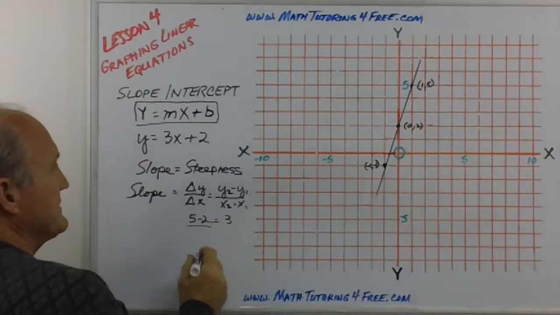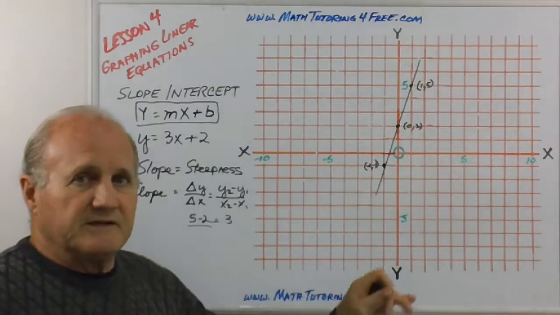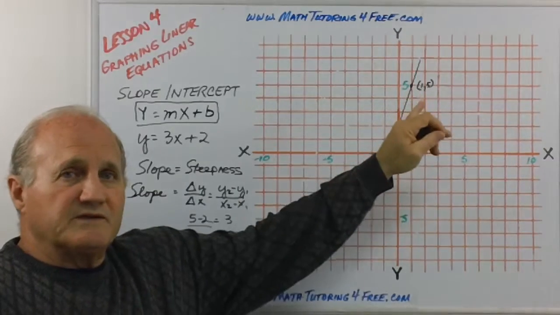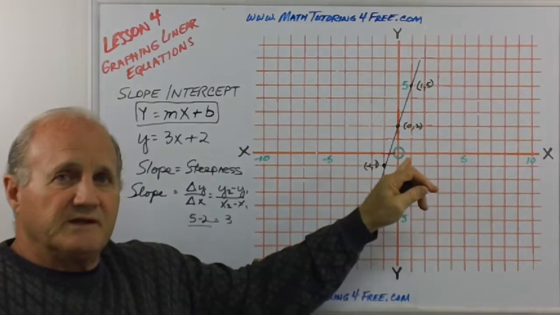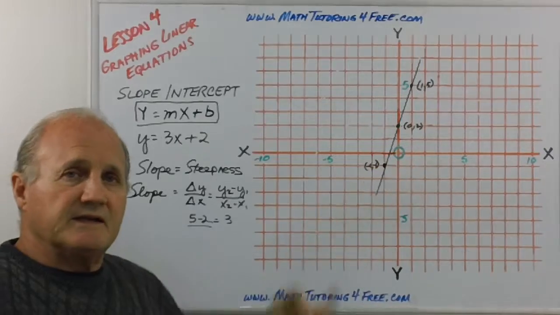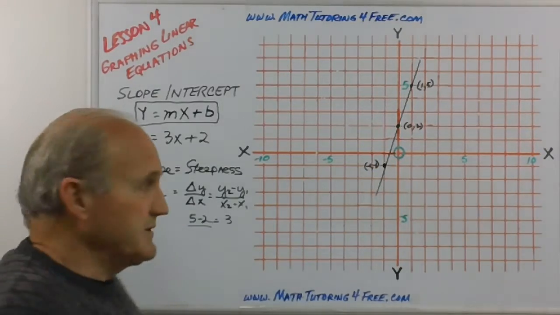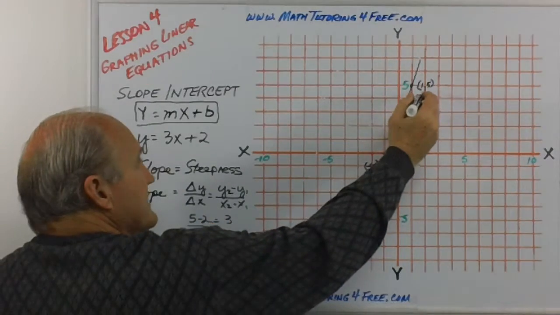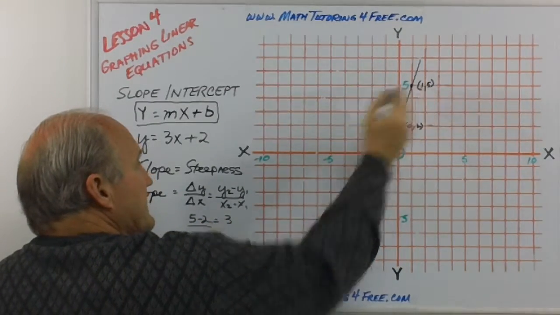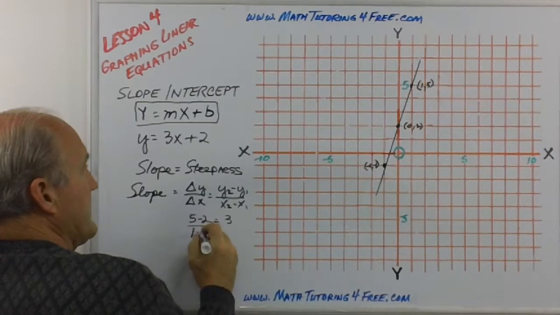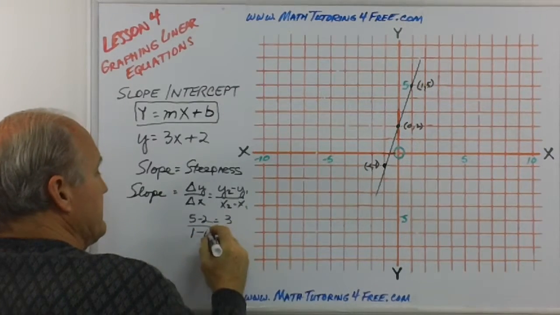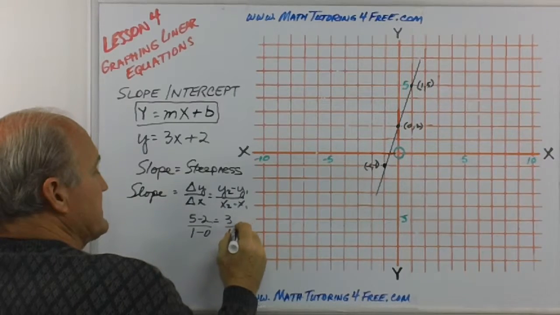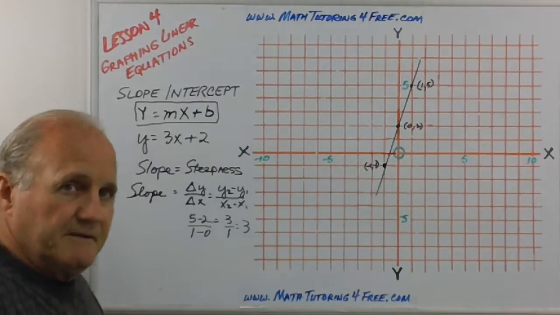The x values, and this is the key, this is where a lot of kids goof up, is they go in one direction for y and a different direction for x, and as a result they get their signs mixed up. But we started with the 5, so we're going to start with the x value at that point. So that would be 1 minus 0, so the difference in the x's is 1, so the slope is 3.